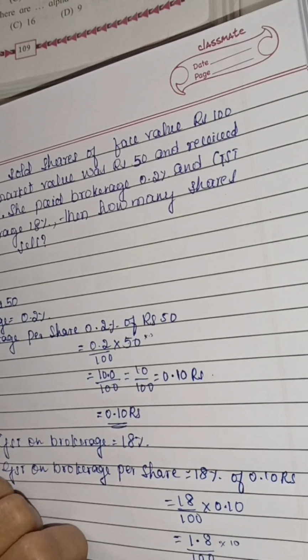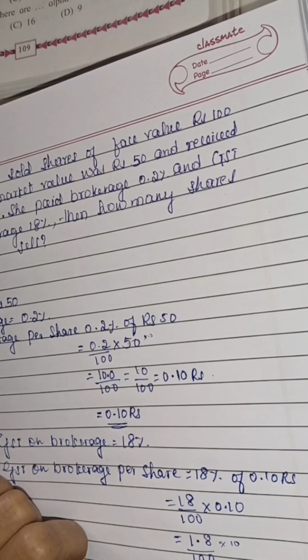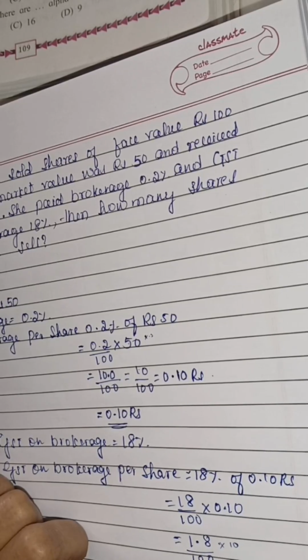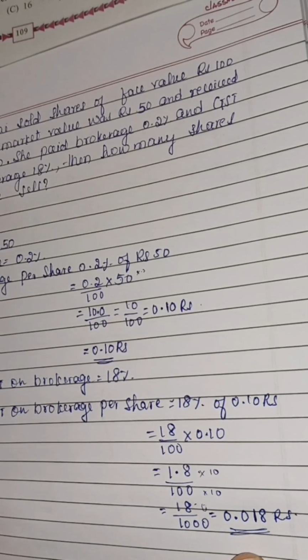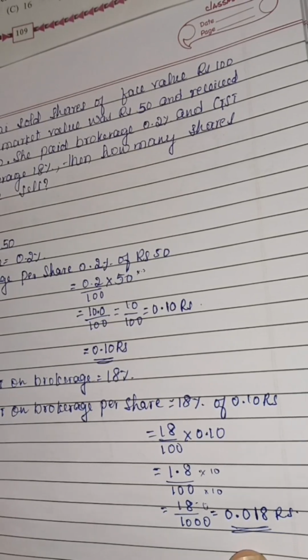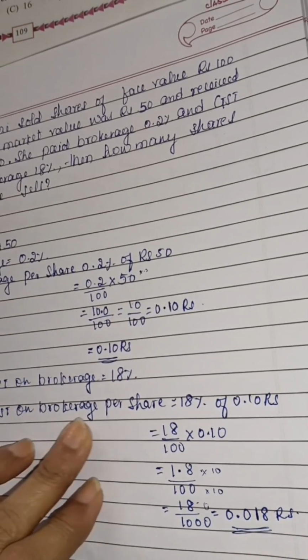It goes 1800 once, then 8 remains, add another 0, 8000, 8 times. So 0.018 rupees. Understood? 0.018 rupees. This is the GST on brokerage per share.